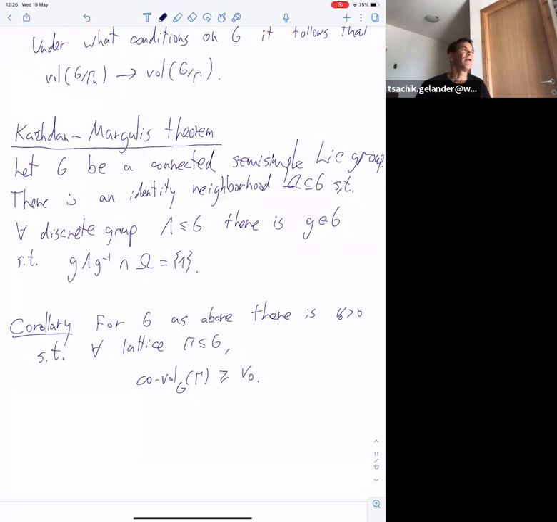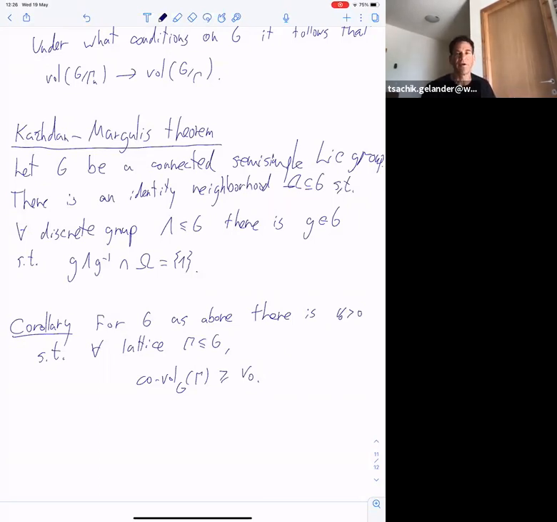And now, finally, you want to say that this compact set can be covered. So every conjugacy class intersects this compact set in an open set. And this is basically local rigidity. It says that if two lattices are close, then they're conjugate, which in other words means every conjugacy class is open.